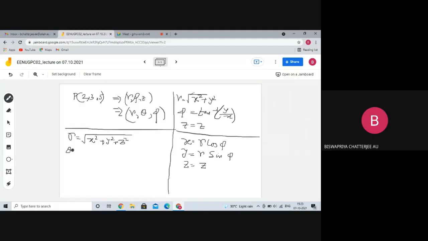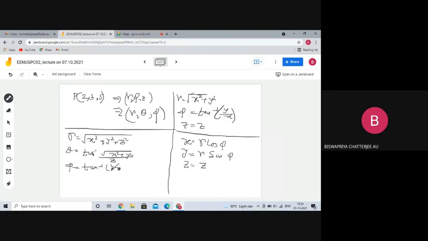Theta is equal to tan inverse of root under x square plus y square by z, and phi is equal to tan inverse y by x.